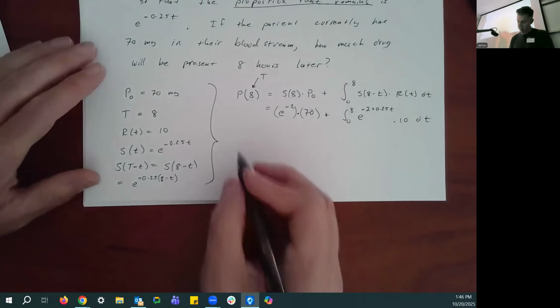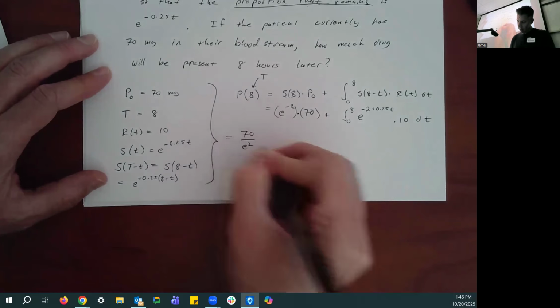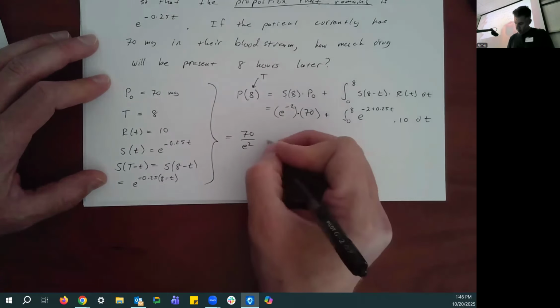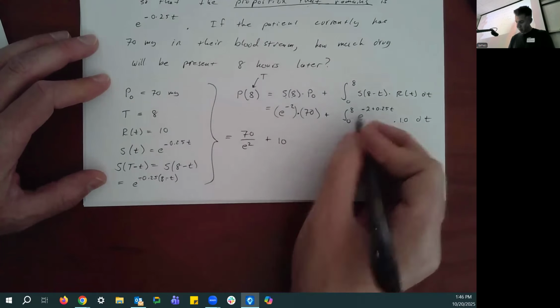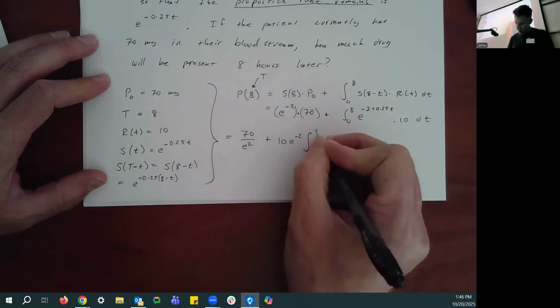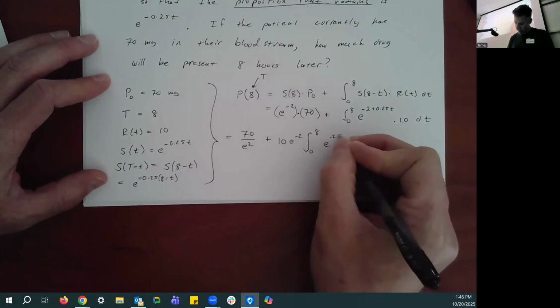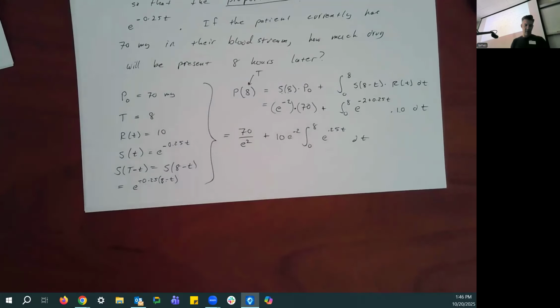Here's how I should simplify this. This is going to equal 70 over e squared. Plus, I'm going to pull out the 10. I'm also going to pull out the e to the negative 2. I'm left with the integral from 0 to 8 of e to the 0.25 times t. Never enough room on a single piece of paper.